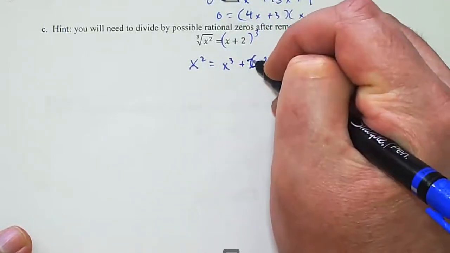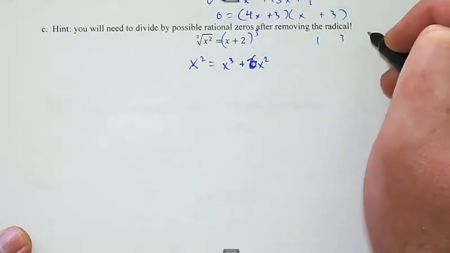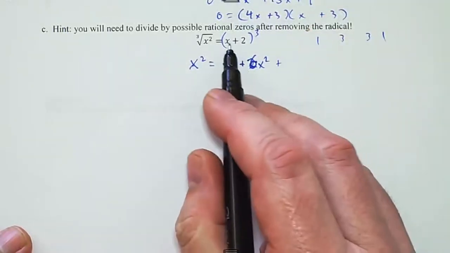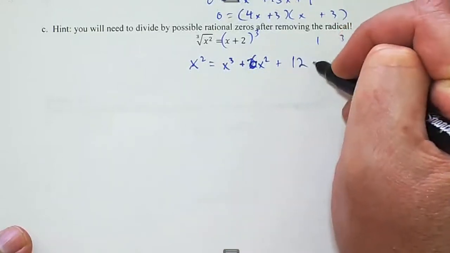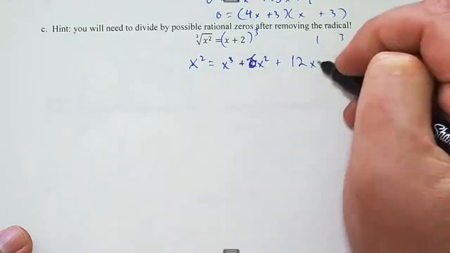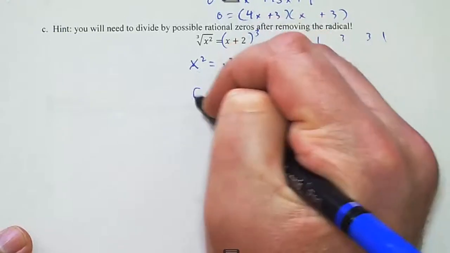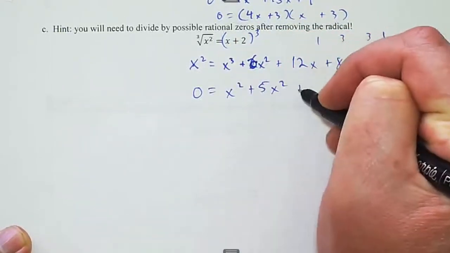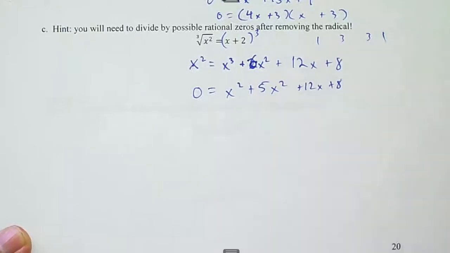So it's actually a 6. 1, 3, 3, 1 is the pattern. Then 3 times x times 2 squared, so 12x, and then plus 8. So 0 equals x cubed plus 5x squared plus 12x plus 8.